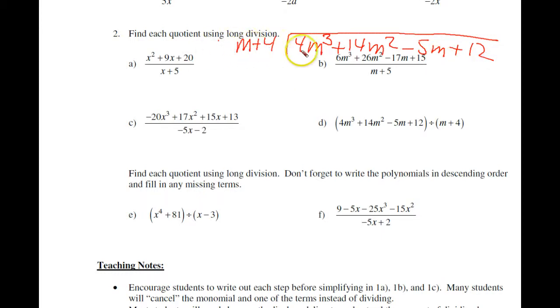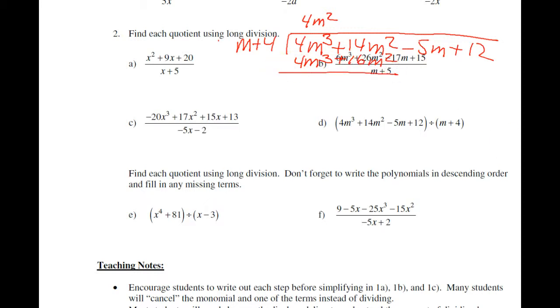Now again, basically we're taking this m and dividing it into here, and we're getting 4m squared. So m times 4m squared is 4m cubed. This is going to be plus 16m squared.